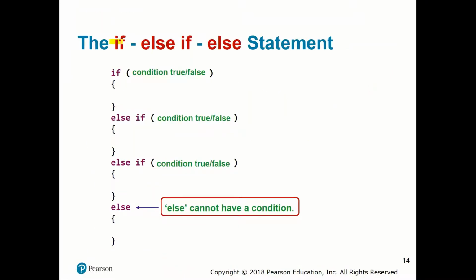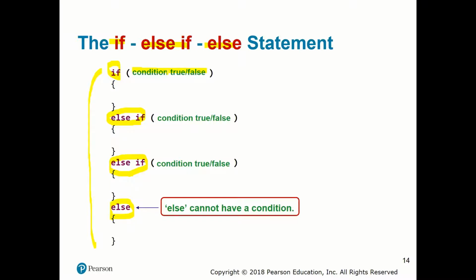Here is the if, else if, else statement. It will look like this. There is an if statement, an else if statement, and an else statement. As you see here, else cannot have a condition. It works like this. At first, this condition will be evaluated.